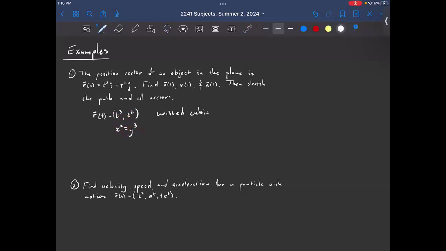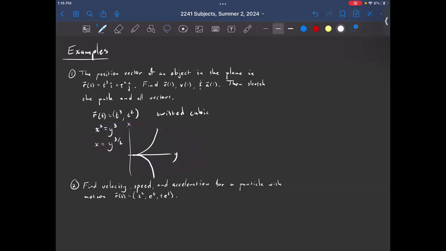And then this tells us that we have x equal to y to the 3/2 power, which looks something like this, but then we have the bottom part as well. And so this would be the y and x axes here. Okay, so that's just for us to sketch things later on, but now we have an idea of what our path is going to look like.